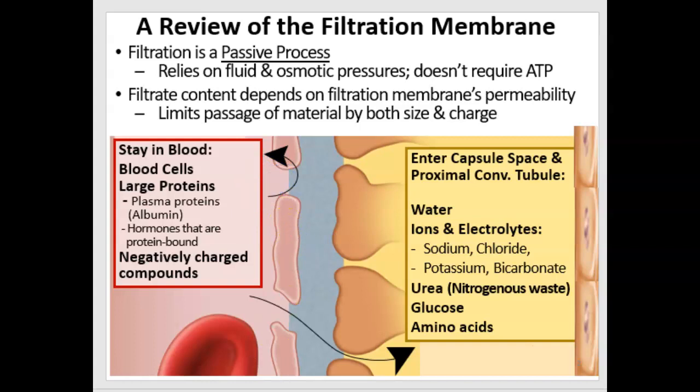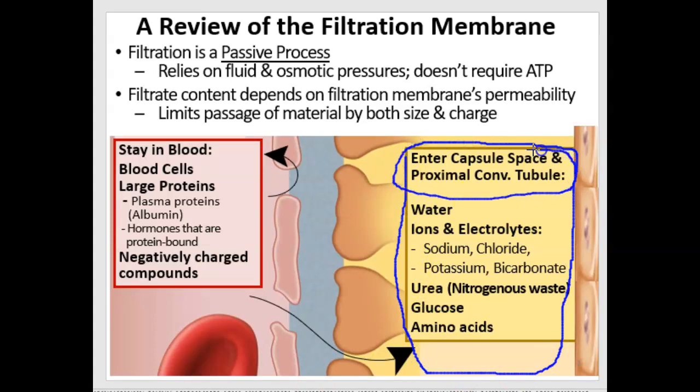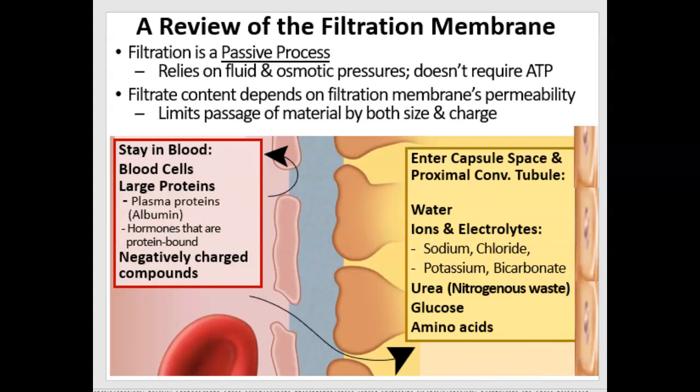Substances that are filtered out and make it into Bowman's capsule, which is shown over here in this box, this is Bowman's capsule space, the capsular space, include water, ions, a combination of ions that we call electrolytes, some nitrogenous waste such as urea, and then some very small organic nutrients like glucose, fatty acids, and amino acids.